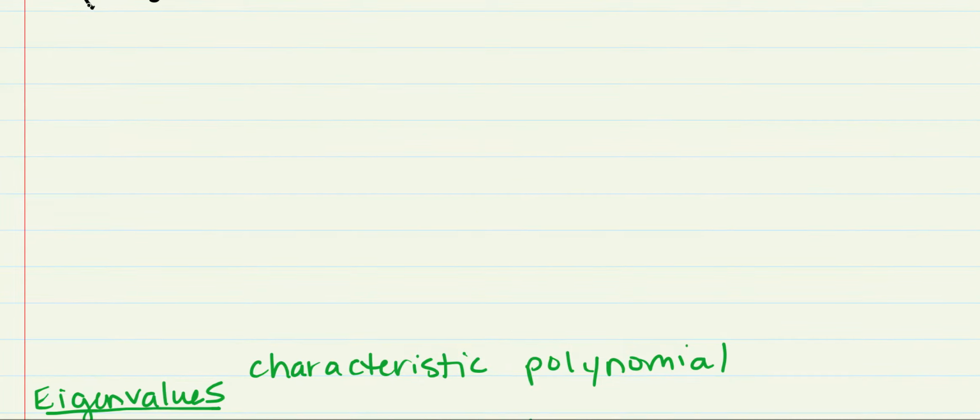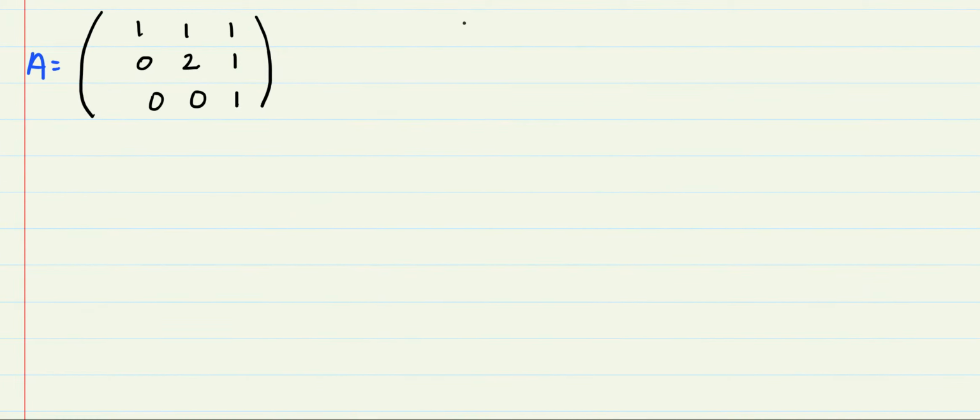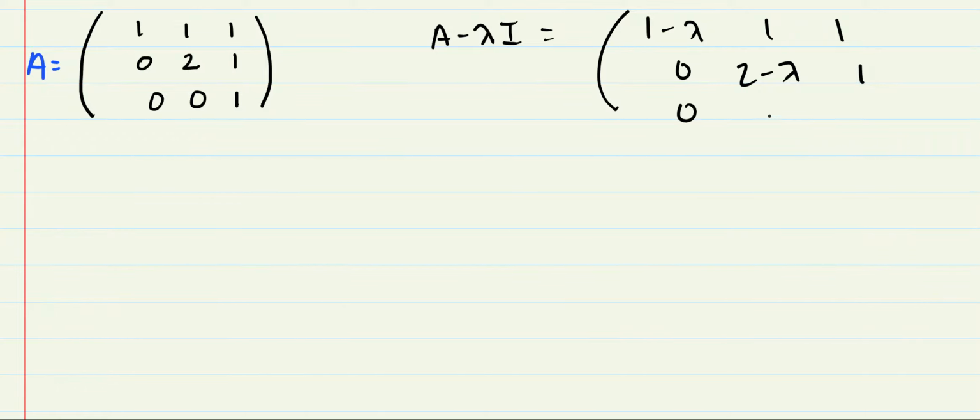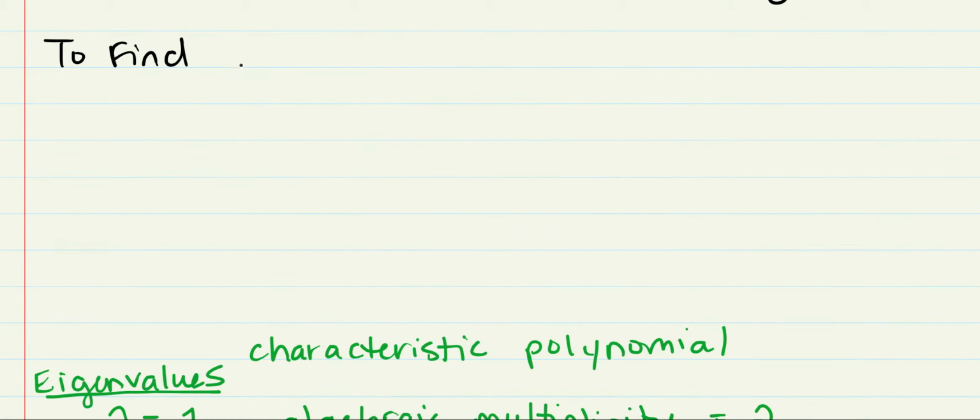So let's do that. So I'm going to put up here, just to recall, this is equal to 1 minus lambda, 1, 1, 0, 2 minus lambda, and then this is 1 minus lambda. So to find, let's do lambda is equal to 1.